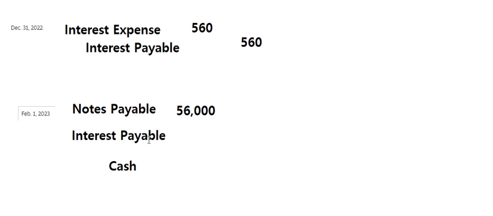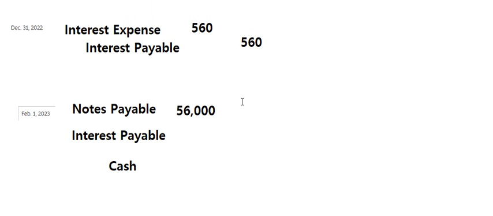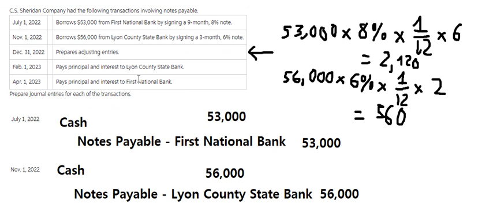Now we need to find the interest payable in here. Because this is about 3 months, from November to February of the next year, that is 3 months. So we need to use 56,000. We multiply by 6%, divide by 12, multiply by number 3 in here.